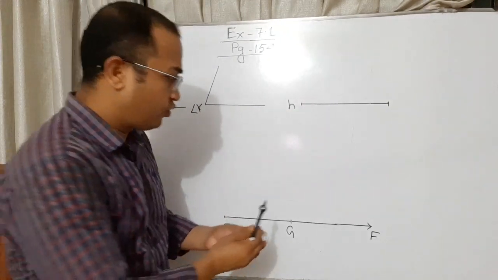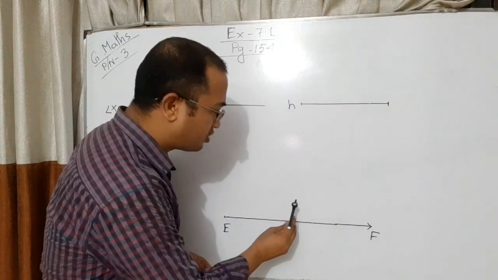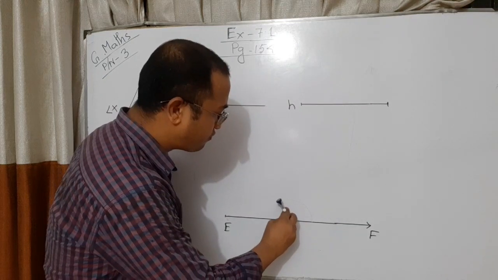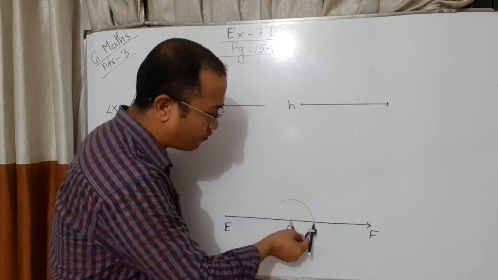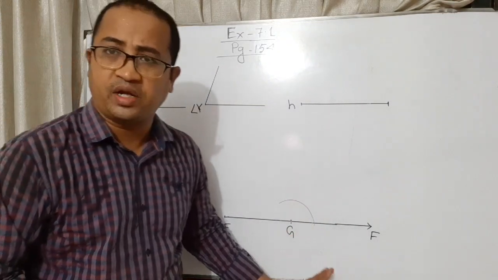Again I repeat, with center G and any radius, we draw an arc which intersects the line at a point. No need to mention it.